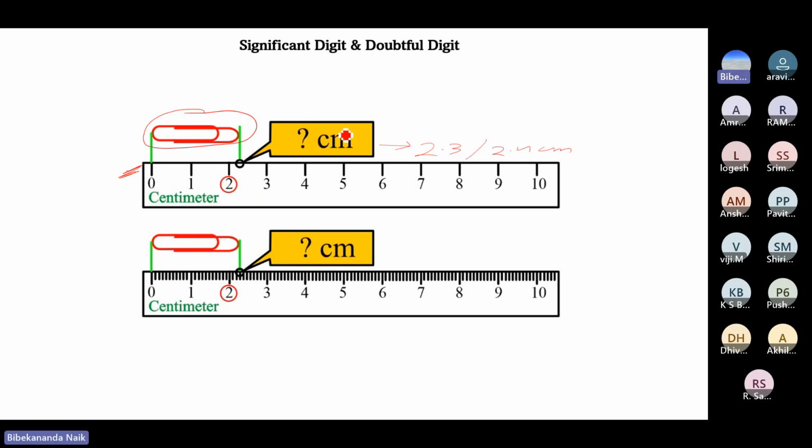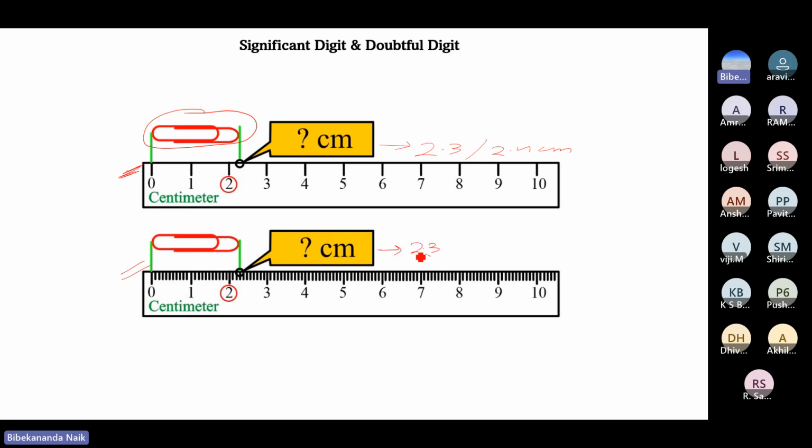centimeter. Here the 2 is certain because the length is crossing the 2. But since between 2 and 3 there are no other marks, the 0.3 or 0.4 is the doubtful digit in this case. However, in the second scale, between 1 and 2 there are 10 divisions, so it will be 2.3 for sure.